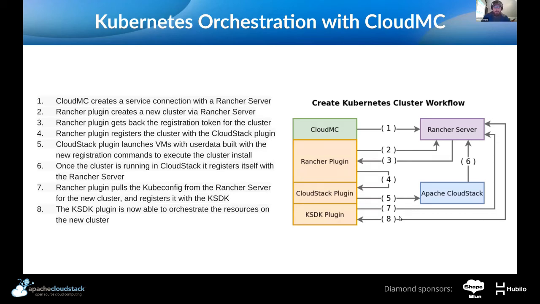And when the instances come up, they're going to register and automatically install Kubernetes according to this registration code. And then once that comes up, the VM will reach out to the Rancher server and register itself. And then all of that will be available through the Kubernetes SDK. So this is basically the ability to orchestrate Kubernetes through CloudMC.